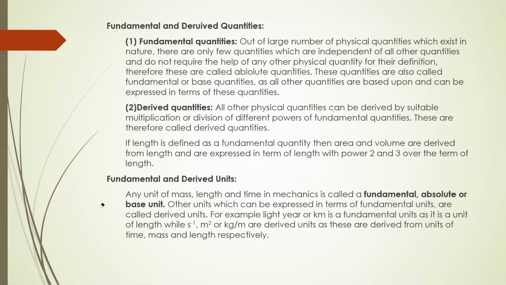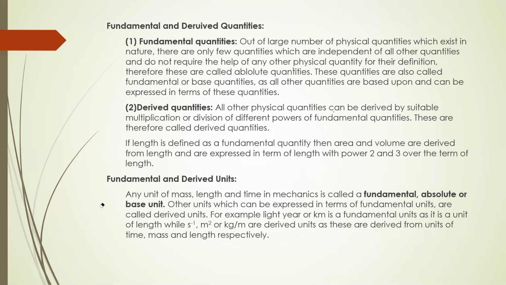Okay, so fundamental unit examples are kg for mass, second for time, meter for length. These are examples of fundamental units. Derived unit examples are meter per second square, kg meter per second. So there are many fundamental and derived units, right?